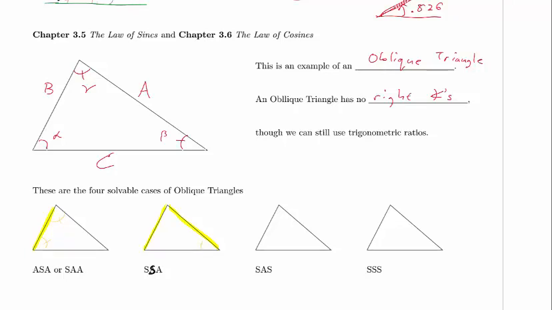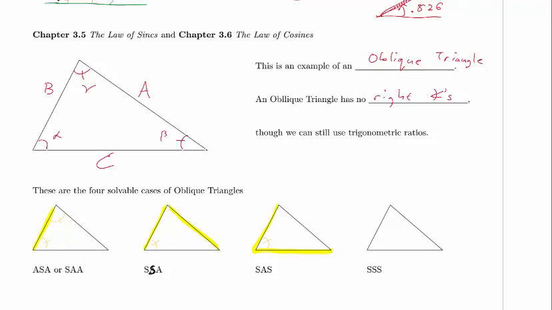It can be either this angle here, or that angle there, whichever one it is doesn't really matter. Okay, and then we have side, angle, side. So this one we've got 2 sides, like we did before, and we know the angle right there.